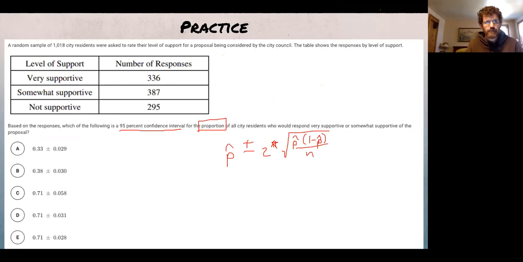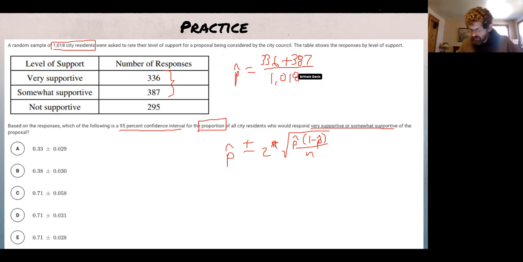And we want to figure out, first of all, what p hat is. So p hat is going to be, well, let's see, it's very supportive or somewhat supportive. So these two right here. So 336 plus 387 out of the total in the sample, which is right here, 1001 or 1018.